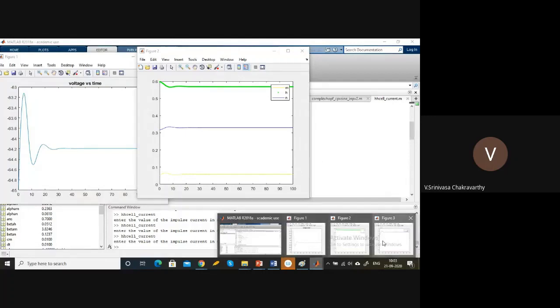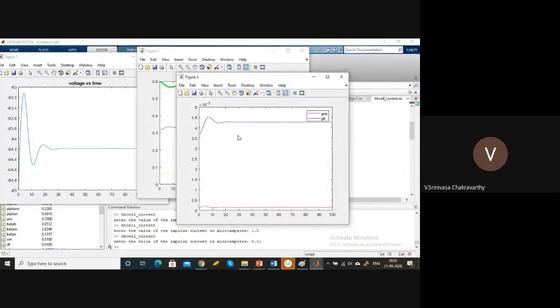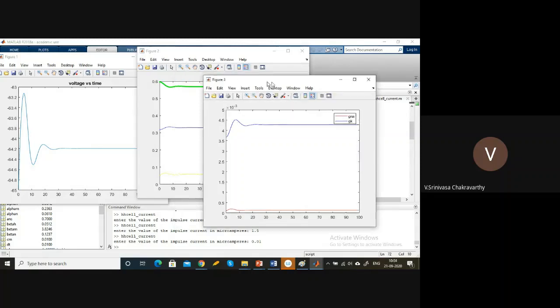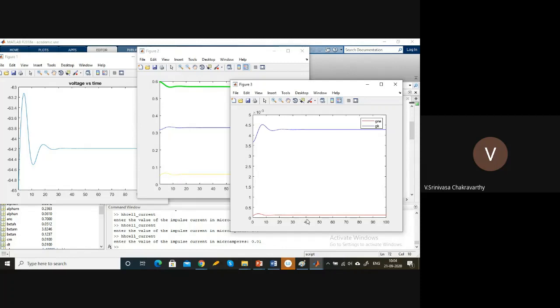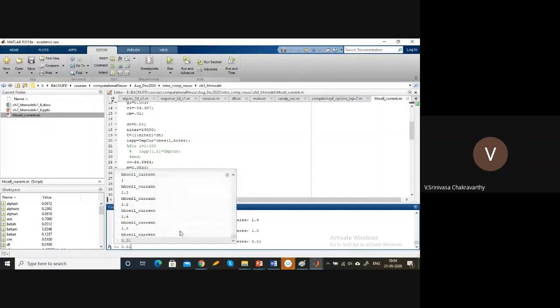The third plot is the conductance plot, GNa and GK. If there is an action potential, GNa and GK show very sharp peaks. GNa is especially sharp, GK is somewhat smoother. Since they are functions of M, N, and H, they are also quite flat. The current is too low, so the neuron doesn't respond much.